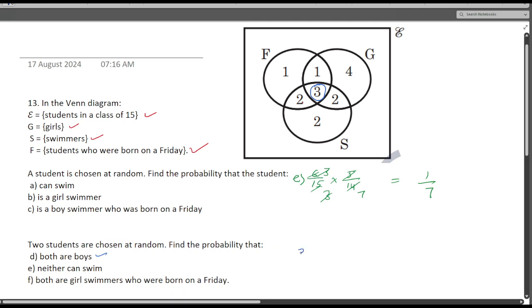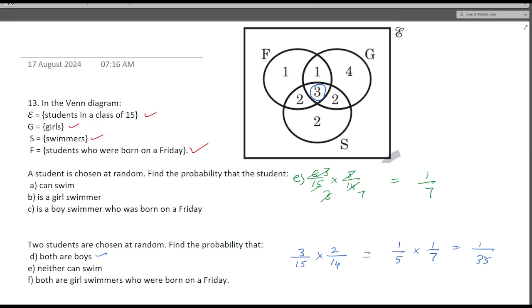So 3 out of 15 is the first student I choose is a girl swimmer born on Friday, and 2 divided by 14 will be my second choice. So the result will be 3 divided by 15 is 1 divided by 5, times 2 divided by 14 is 1 divided by 7. The result is 1 divided by 35. So 1 divided by 35 is the probability that both are girl swimmers who were born on Friday.